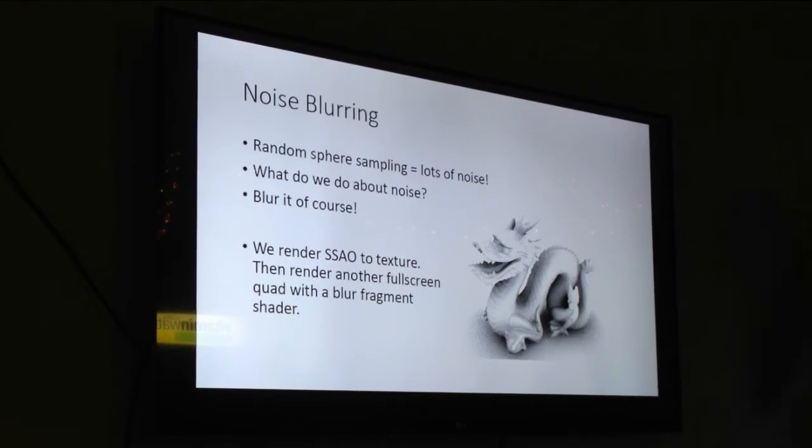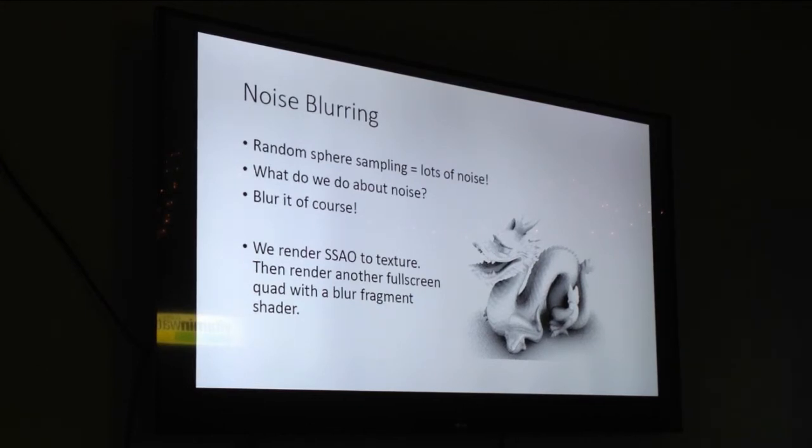What we can do is render the SSAO into a texture. Instead of rendering it to the screen, render that to a texture. So we first render into the normal and depth textures, and then we render the fragment shader using the draw full screen quad into another texture. And then we apply a blur fragment shader to that texture.